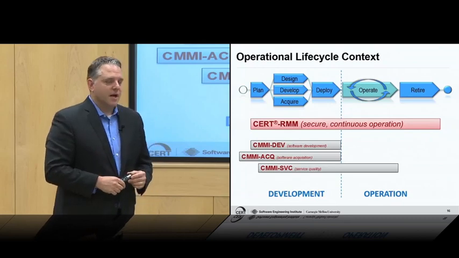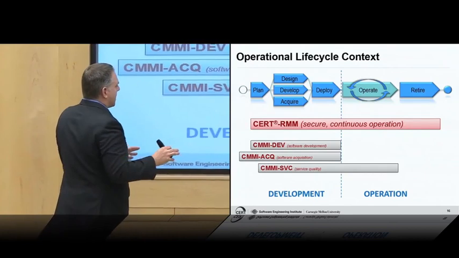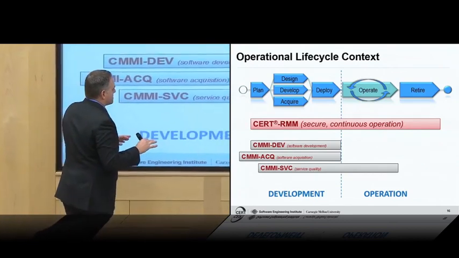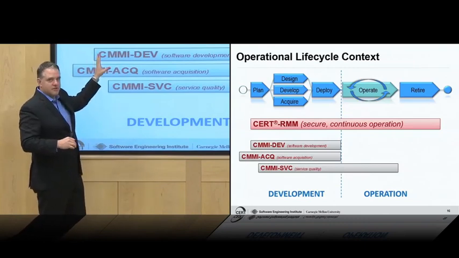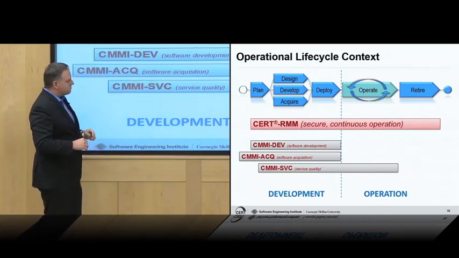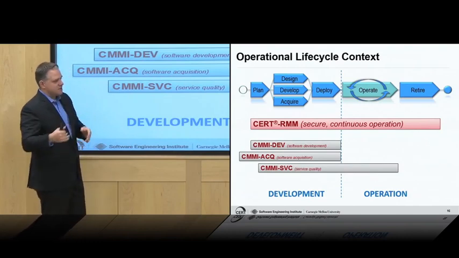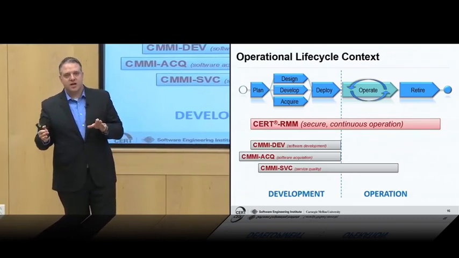And finally, we'll talk about the operational lifecycle context. Recognize that a lot of the maturity models that are out there maybe focus on parts of the total operational life cycle. CMMI, and the reason it's so highly regarded is that it focuses across the entire life cycle.